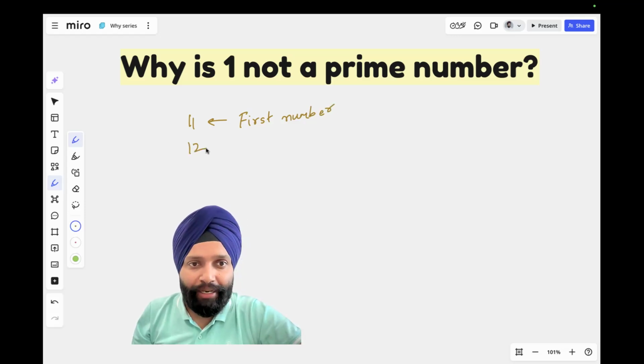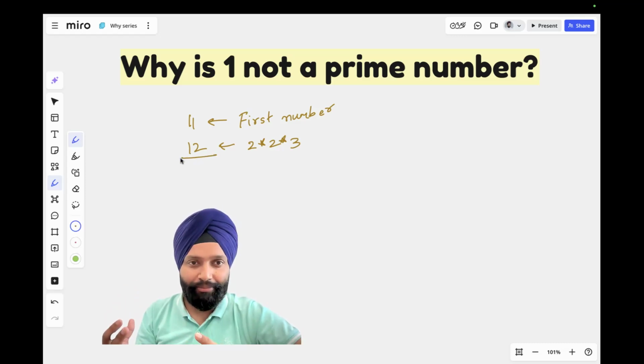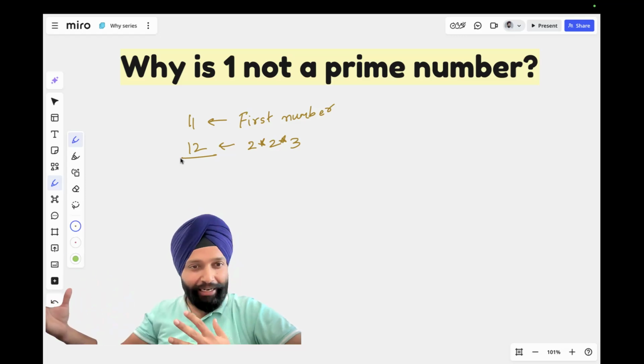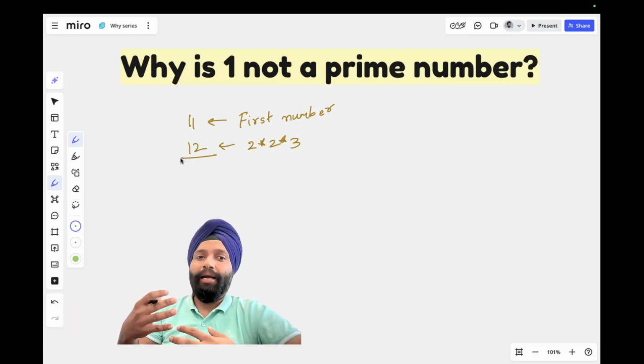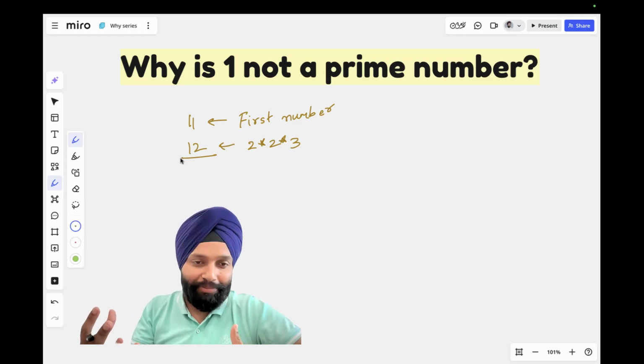But if you look at 12, I can arrive at 12 by multiplying a few smaller numbers together, and then I arrive at 12. So it is not really a first number, right? It is just a secondary number that I can arrive at by using primary numbers, right?